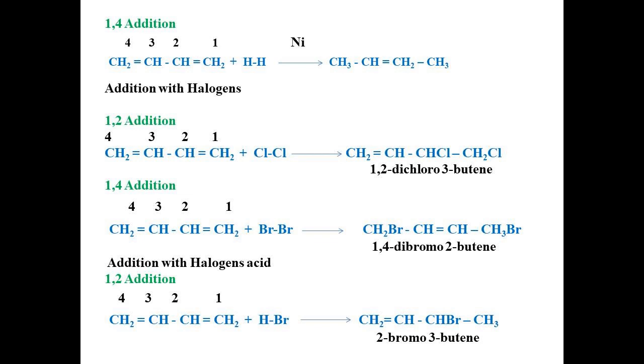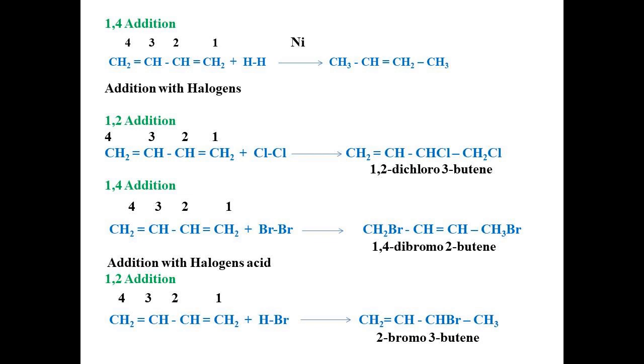Next, the halogen reacts with 1,3-butadiene at the first and fourth carbon. Here I take the halogen bromine. Two bromine atoms react with the first carbon and fourth carbon.